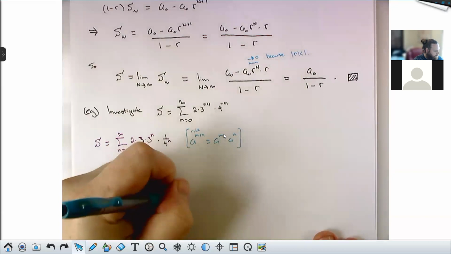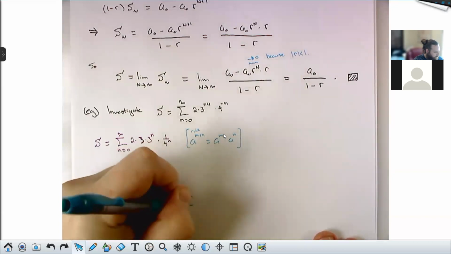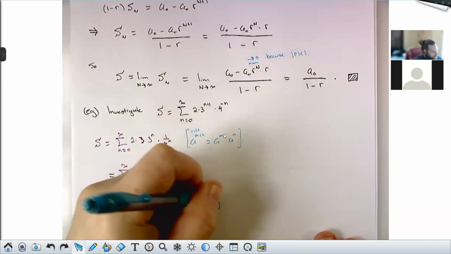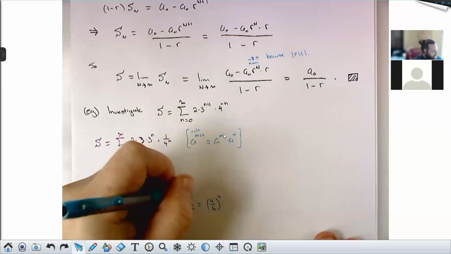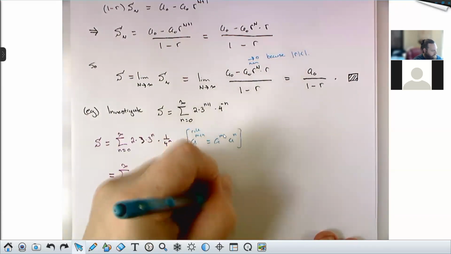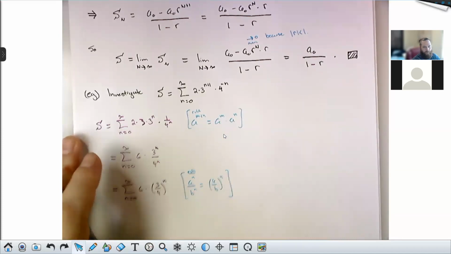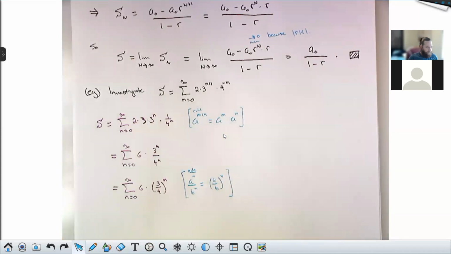And then here I have another rule that says a to the n over b to the n is the same as (a over b) to the n. So all very, very basic algebra rules. It can be hard to remember them in the context of these more complicated calculus problems, but we must.